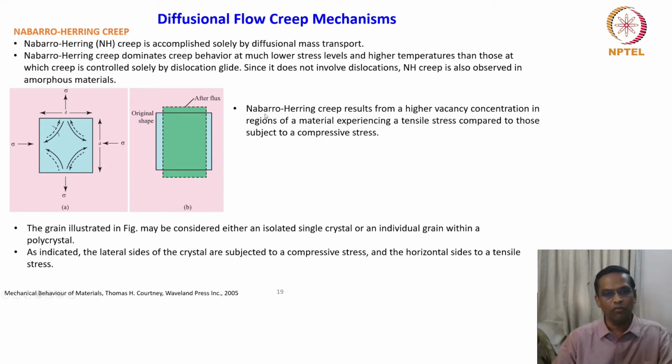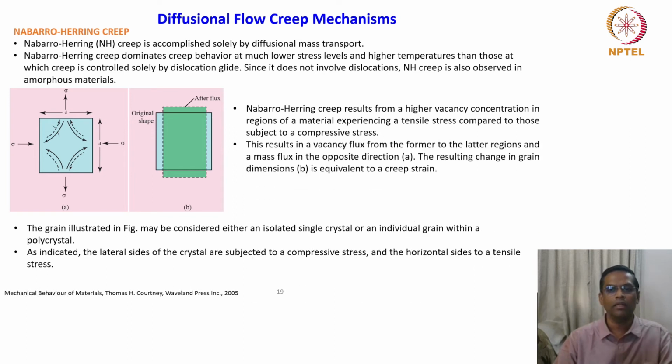Since it is a diffusional flow, Nabarro Herring creep results from a higher vacancy concentration in the regions of a material experiencing a tensile stress compared to those subjected to compressive stress. This results in a vacancy flux from the former to the latter region, that is, from the tensile region to the compression region, and a mass flux in the opposite direction.